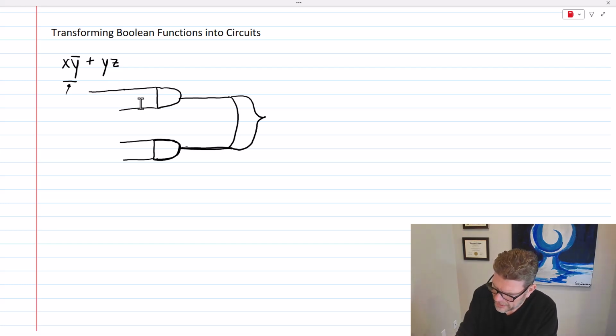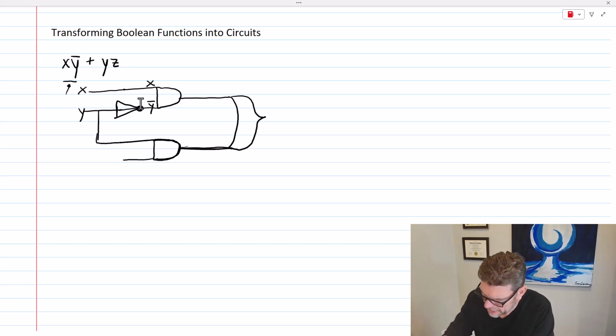On the one hand, I'll just have x, because x is my only term, and then I'll have a y. But then I'm going to need to branch off of y to get the second y. Now notice, we'll add the inverter after the fact. So I've got the inverter here to give me the y bar, which will allow me to get x y bar. Because the line comes before the inverter, this next line will just give me y, and I can use that in the second AND. So I've got y, I've got z, and we don't do anything to z, so we just have that go straight back.